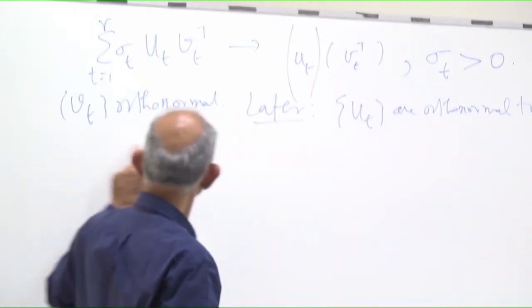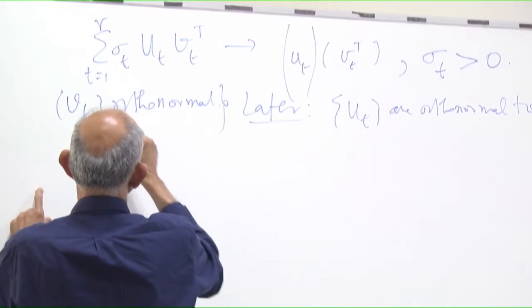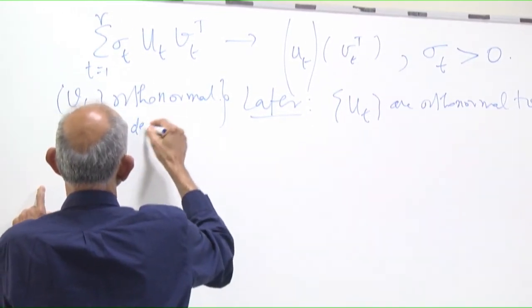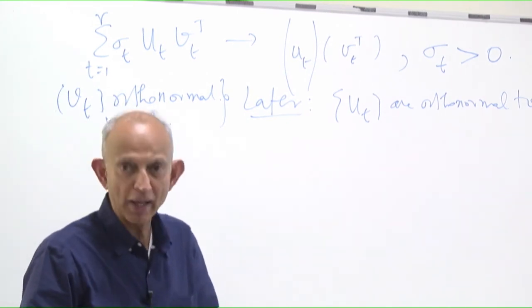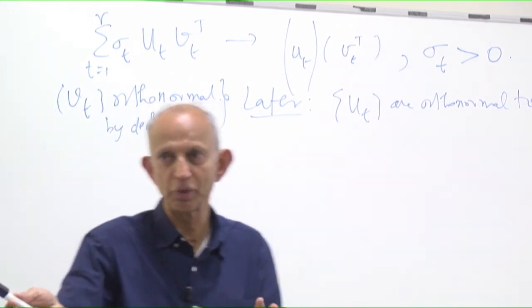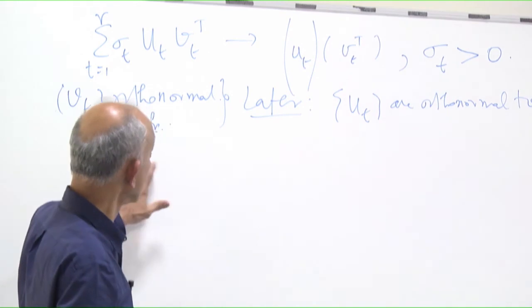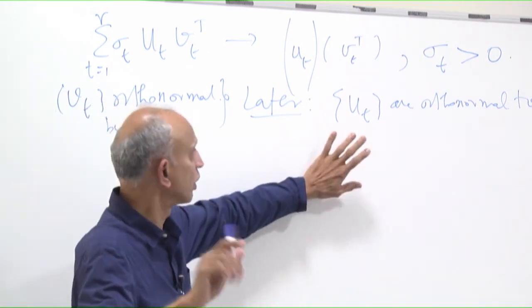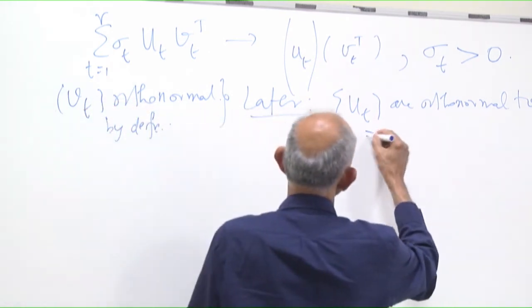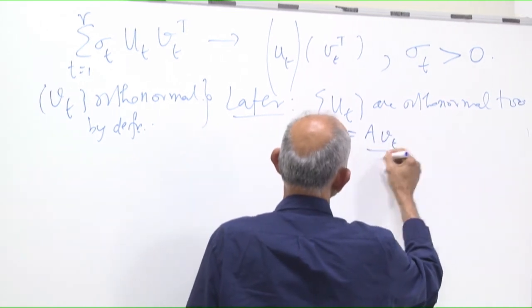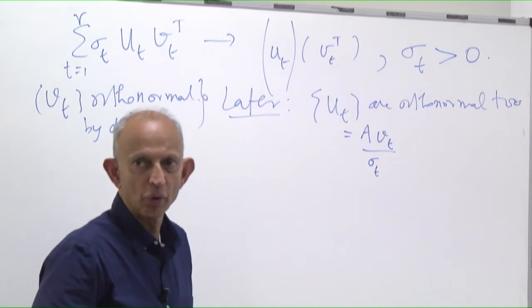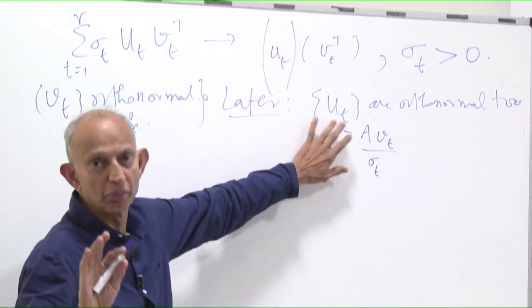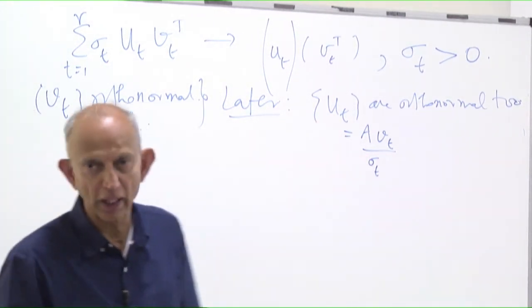The v_t are orthonormal by definition, because we said v2 is the maximizing vector perpendicular to v1. The u_t are not by definition, because they were defined as u_t equals A times v_t divided by the length. So there's no immediate reason why u_t should be orthonormal. We will have to prove that.